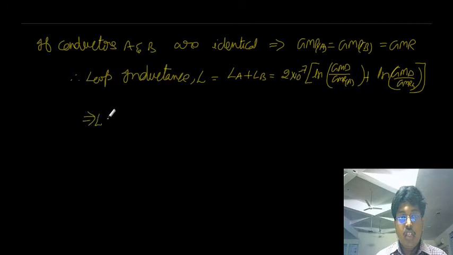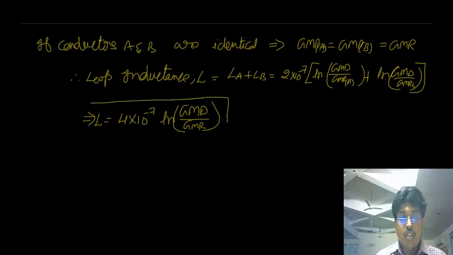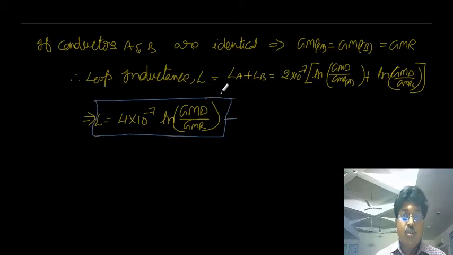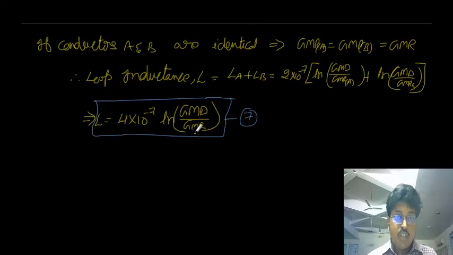So this loop inductance becomes 2 into 2, and we will get finally 4 into 10 power minus 7 into logarithm of GMD by GMR. This is the final equation of the single phase, two-way transmission line consisting of two conductors. That will be taken as equation number 7. The units are Henry per meter.